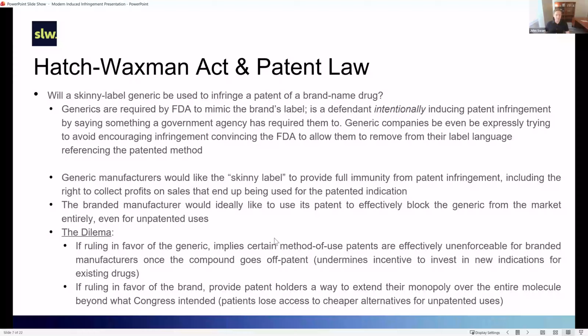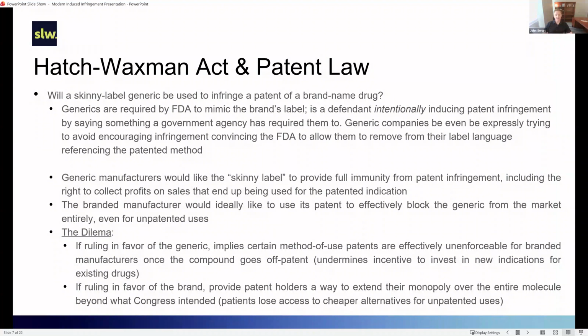So the policy decision is between the generic manufacturer, who would prefer that a skinny label provides them full immunity from patent infringement on their Section 8 carve-outs, including the right to collect profits on sales that might end up being used for the patented indication.